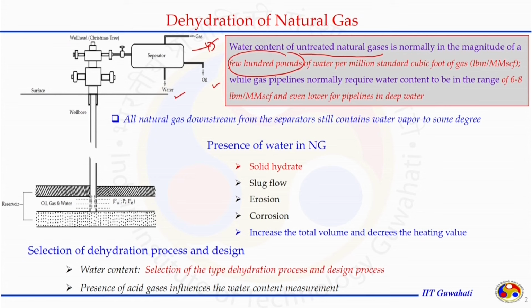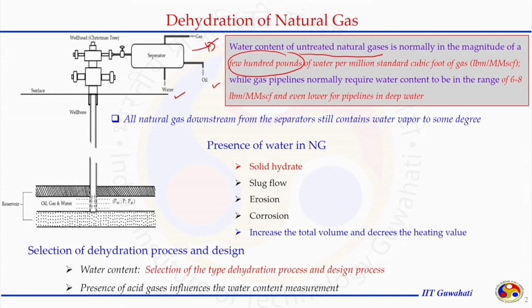solid hydrate. If water is present and by any means the temperature and pressure of the natural gas at any point falls in the range of hydrate formation, the water present in the natural gas will form gas hydrate and it will plug the pipeline. It will create several problems.